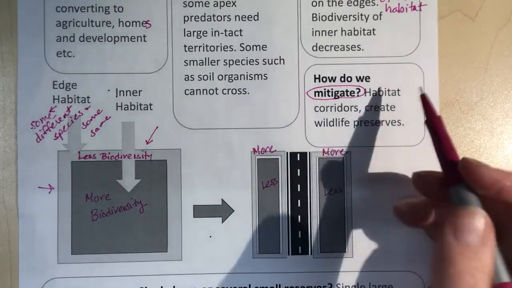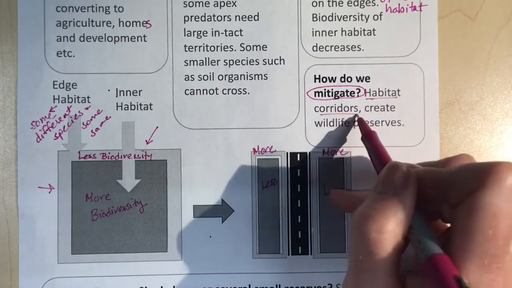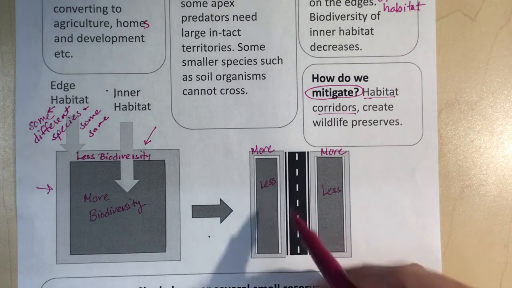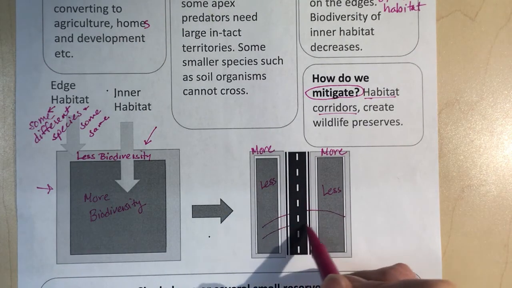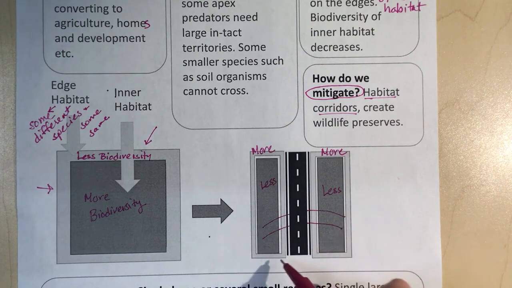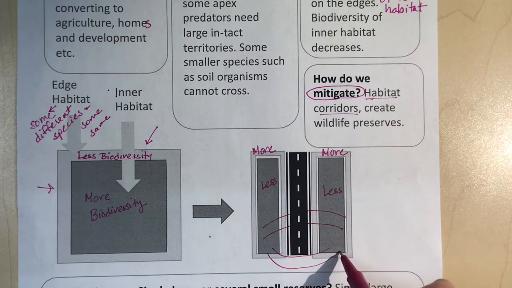So a habitat corridor is kind of like a bridge that goes over the road. So some places they build a bridge over the road, and some they build a tunnel under the road.